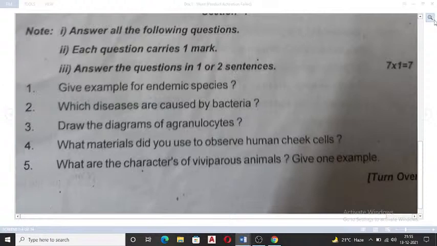Viviparous animals are animals that give birth to young ones. The characteristic features of them are they have ears and they have hair on their body. Examples you can write: mammals, human, cow, buffalo, horse. Even bat is also a mammal, so it is also a viviparous organism.